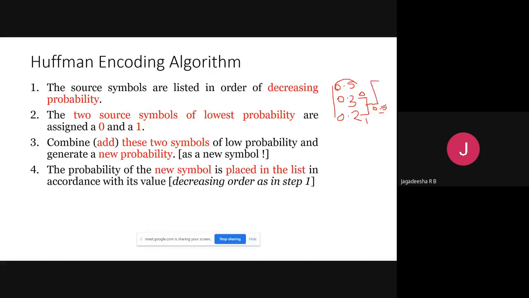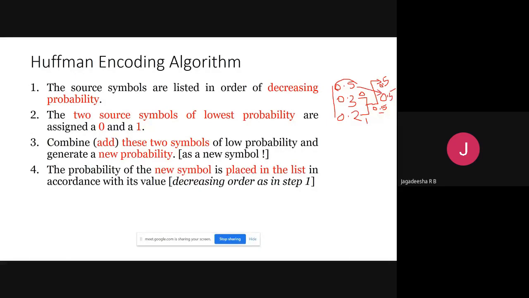I mean, we are progressing to the next step. I have placed this 0.5 here, and there is one more 0.5, right? That is left initially. I'm placing that one here. Again, it is a sorted order. Since the values are same, they are same.